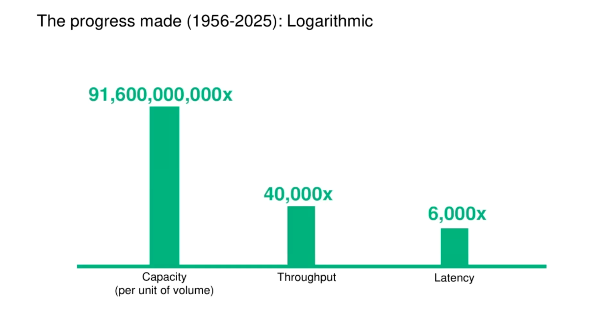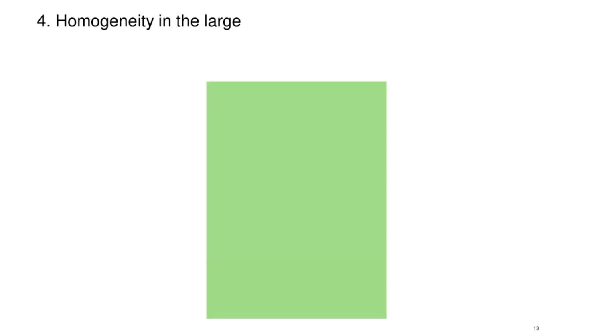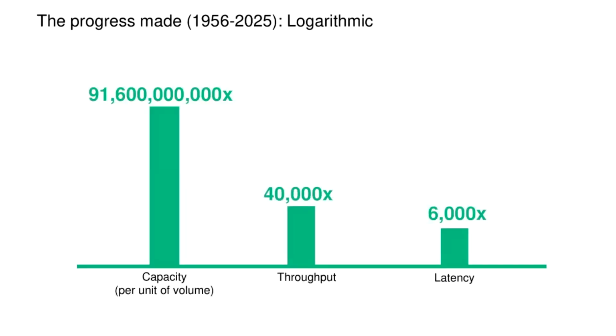Right, we saw that the quantity of data we can store has increased absolutely massively in the past decades. But now the problem we have is we cannot read it fast enough in comparison to the quantity of data, right? We can read faster, but not as fast as the quantity of data we save, right? So if you look at the increase of the throughput, it's actually ridiculous, 40K compared to 91 billion. And so this is why we need the homogeneity in the large, because that allows us to nicely partition the data in order to deal with this.